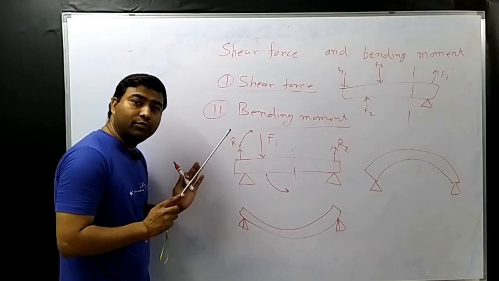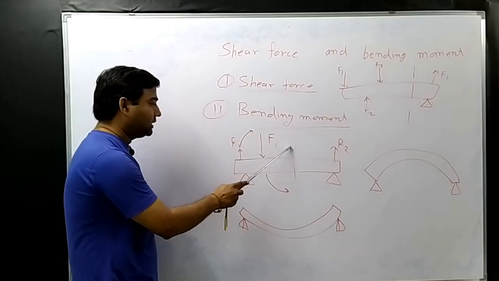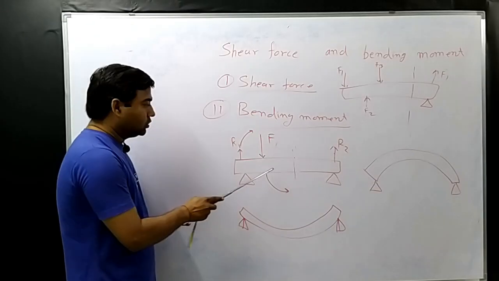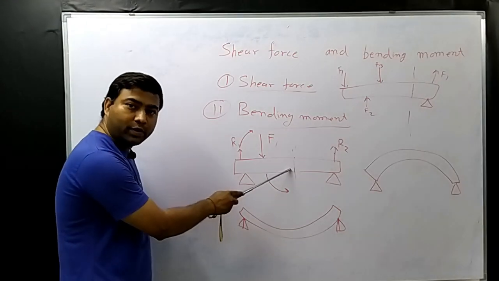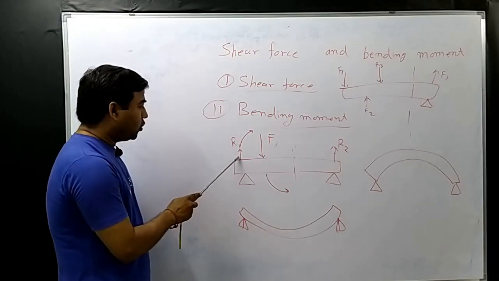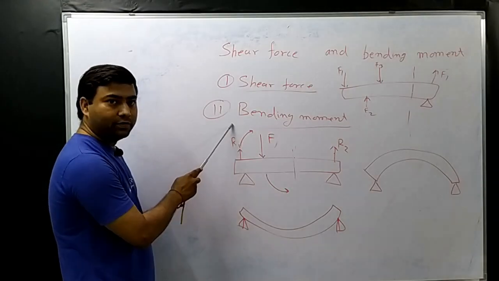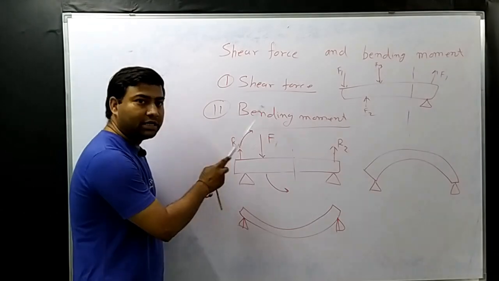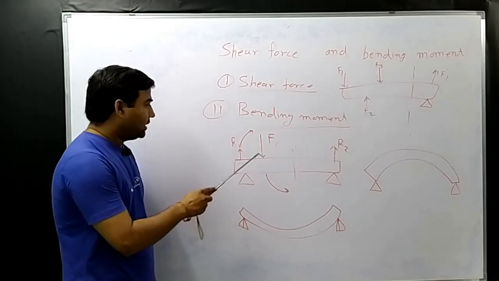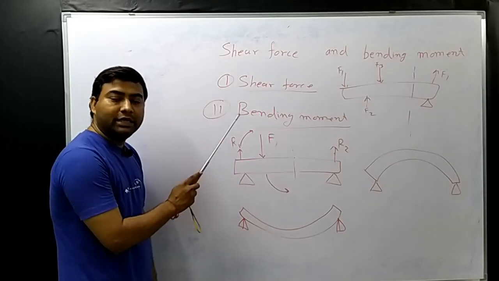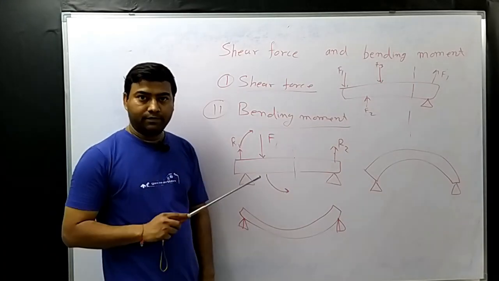So we will only consider one side forces. As per convention, we will only consider leftward forces. All upward forces on the left side have their moment taken positive, and all downward forces on the left side of this point have their moment taken negative.